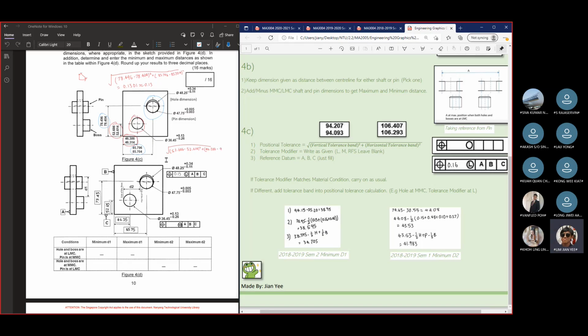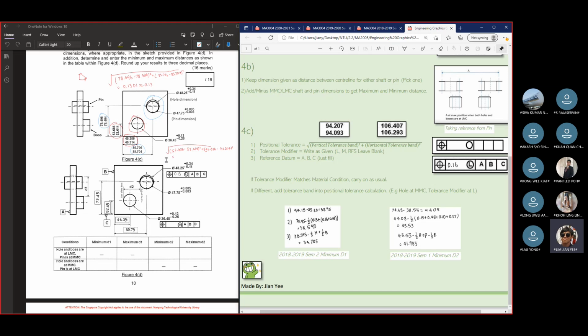So the square root of 52.686 minus 52.614, and Pythagoras of 46.386 minus 46.314. Do double check your values, because if you get it wrong, you're going to lose a lot of marks.